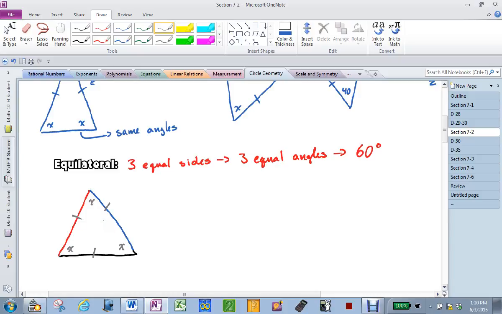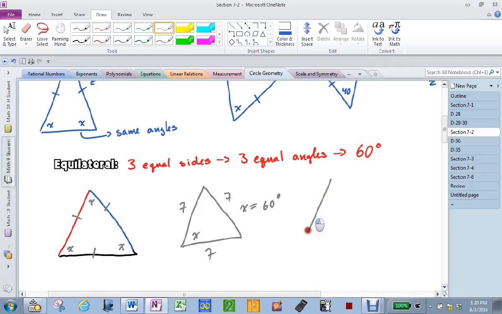Got it? Always. So, if I show you this triangle, 7, 7, 7. How big are the angles? 60, 60, 60, because you know the sides have to be the same. Right?